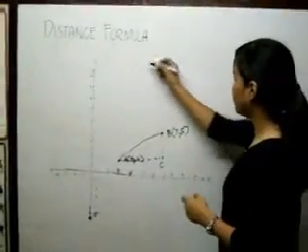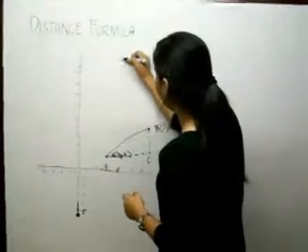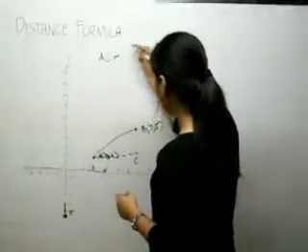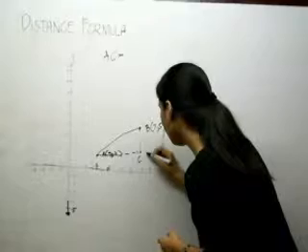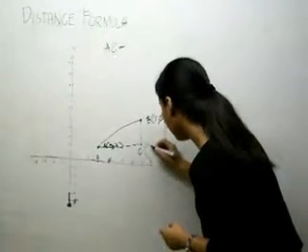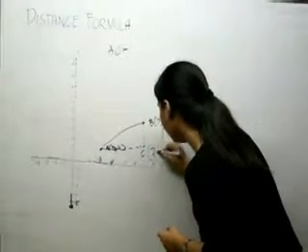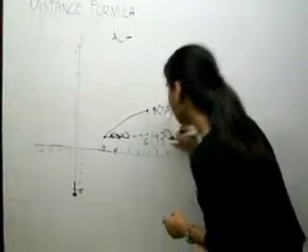Now, for this, the distance for AC: for C, the coordinates are 7 and 2.